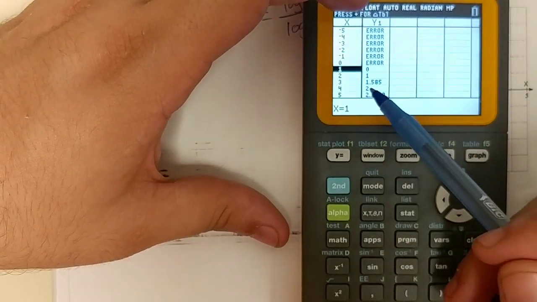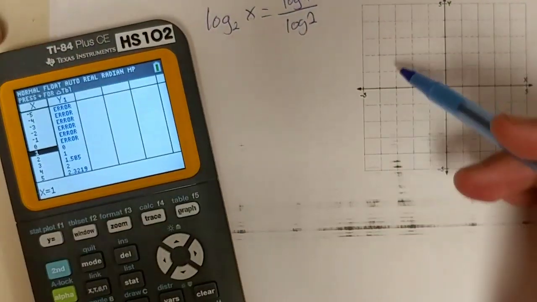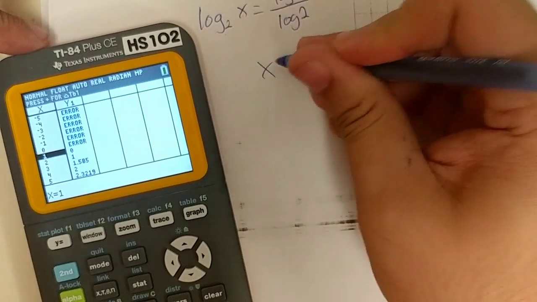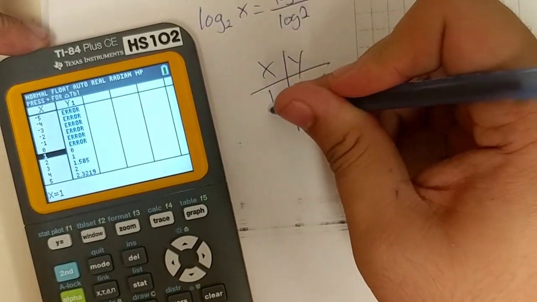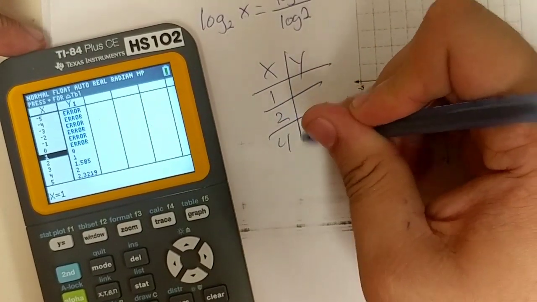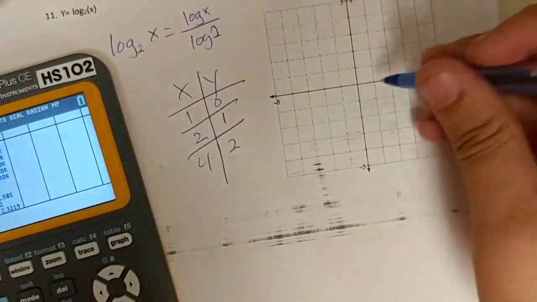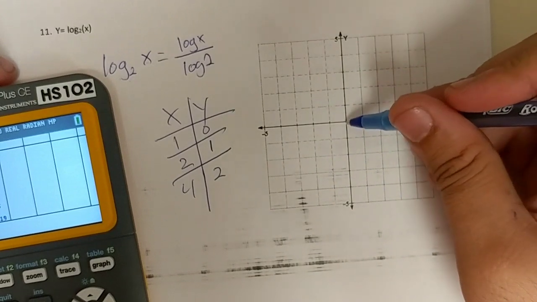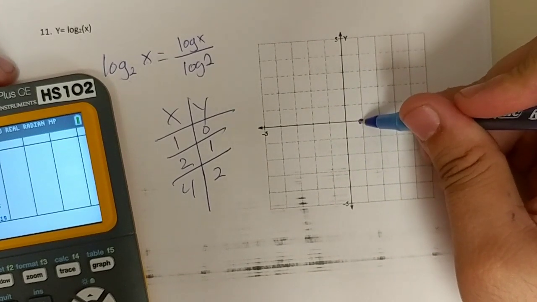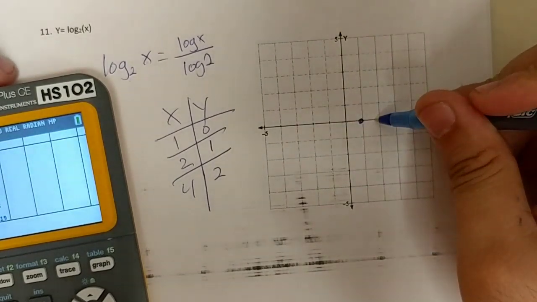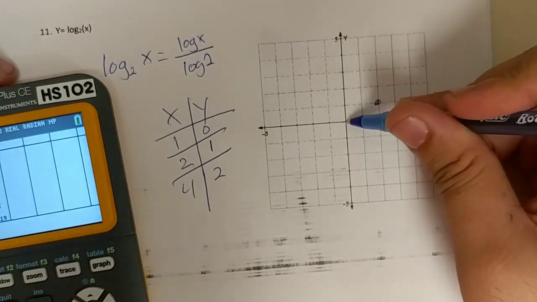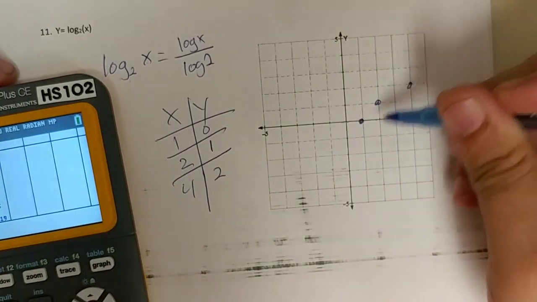I'm going to pick 4 on purpose just because it's a clean number. You could pick 3 if you want to. X, y: 1, 0; 2, 1; and 4, 2. That's super easy to graph.